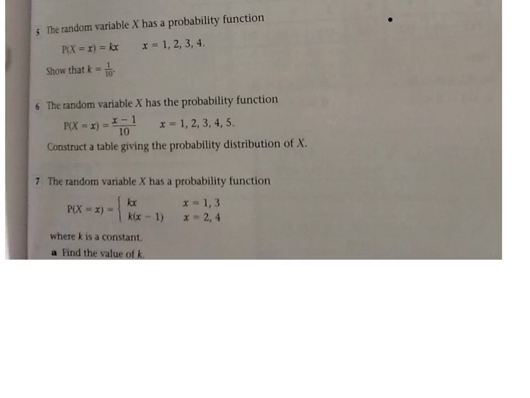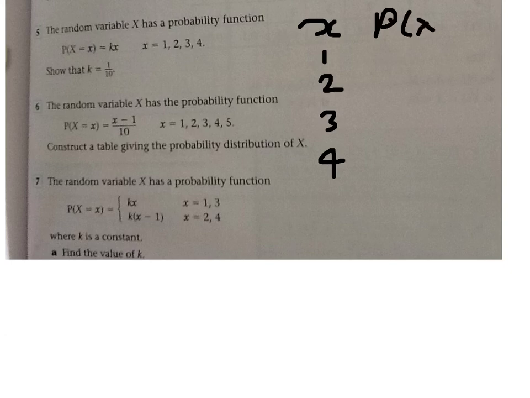So question 5 then, we've got a probability distribution. X can be 1, 2, 3 or 4. We've got a little formula that generates the probabilities, and it should be fairly easy to see where these answers come from. When x is 1, the probability will be 1 times k, which is k. And then when x is 2, it will be 2 times k, which is 2k.